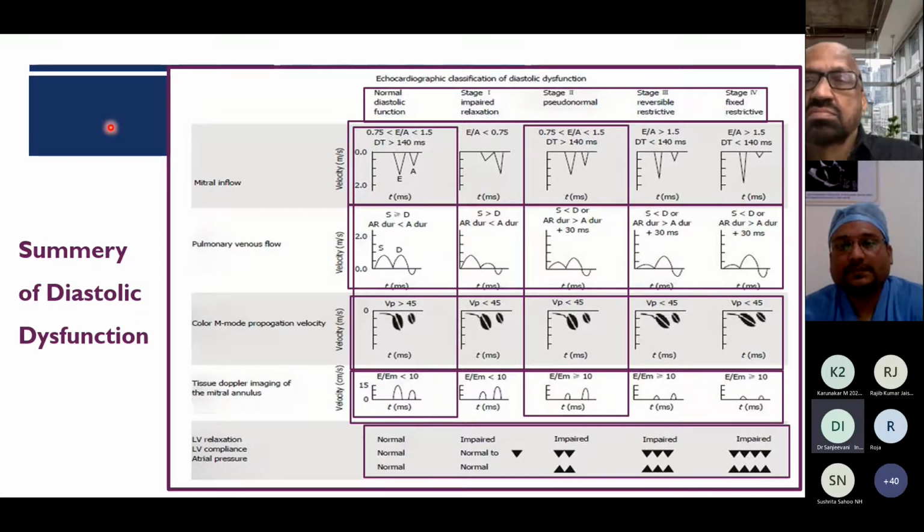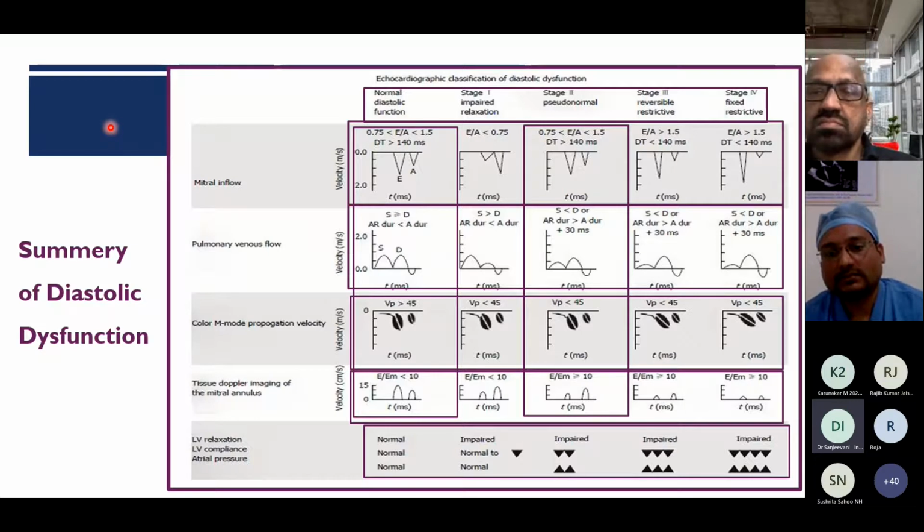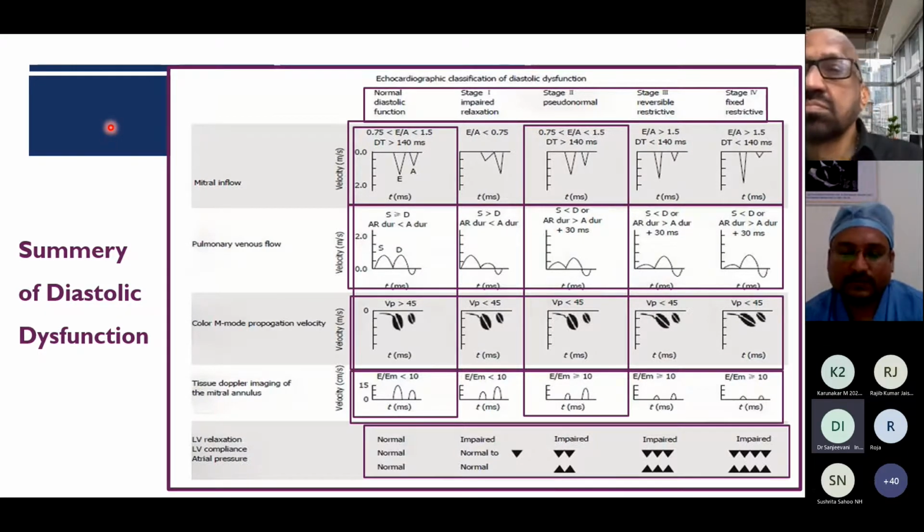Other parameters may be normal or confusing. But when you do LA strain, it will tell you about the 3 functions of LA. It will tell you about all these things, and accordingly, of course, the treatment changes. So that is coming up in a big way.